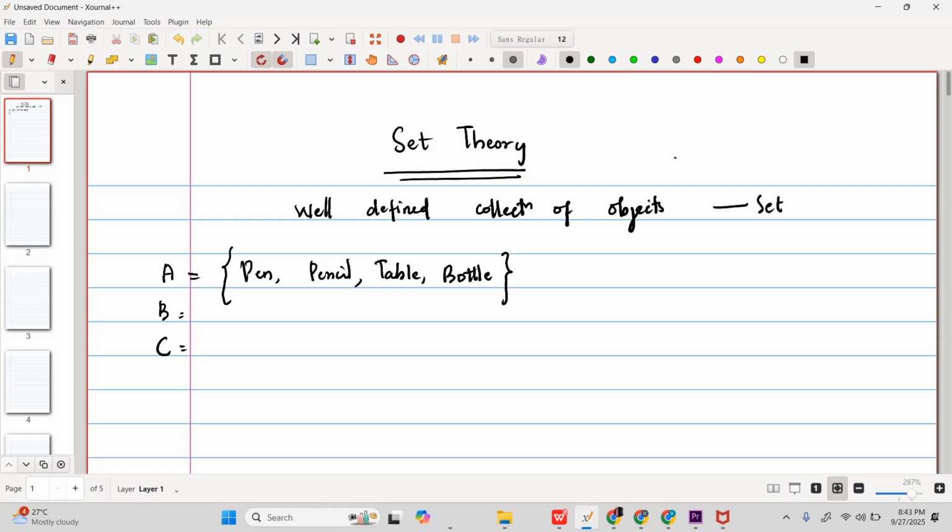Now we can select the numbers, like even numbers, odd numbers, natural numbers, integers, and arrange all these things in a set. So this is actually the definition of a set. I think it is clear.